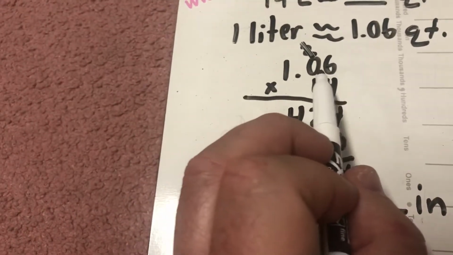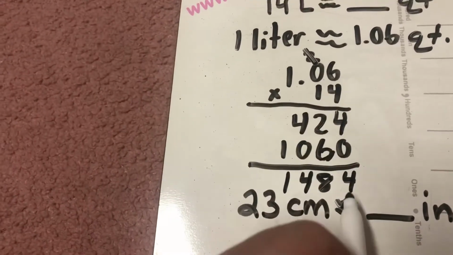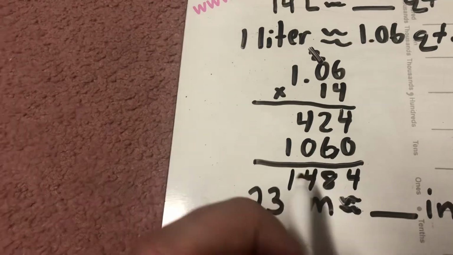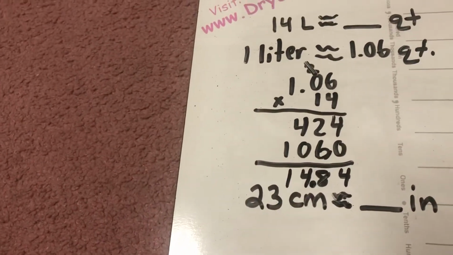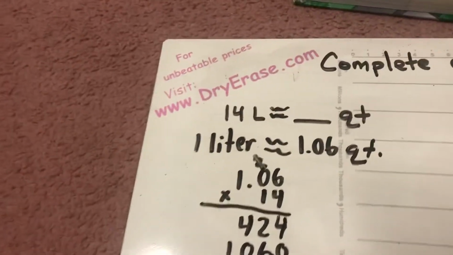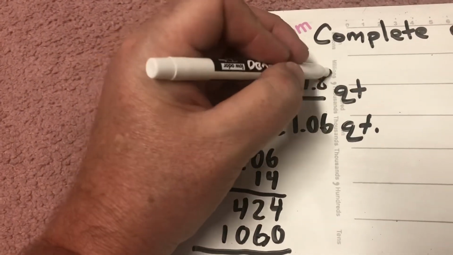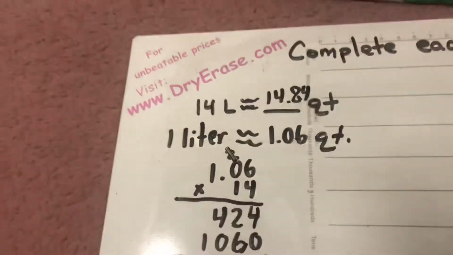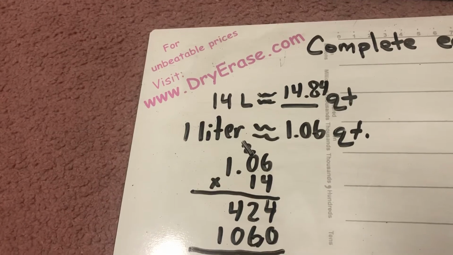So I just have these two, the 0 and the 6, because there's no decimal in the 14, so that's just 2. I start at the right, 1, 2. My decimal goes right there, so I have 2 places after the decimal in my answer. I find that 14 liters is about 14 and 84 hundredths quarts.